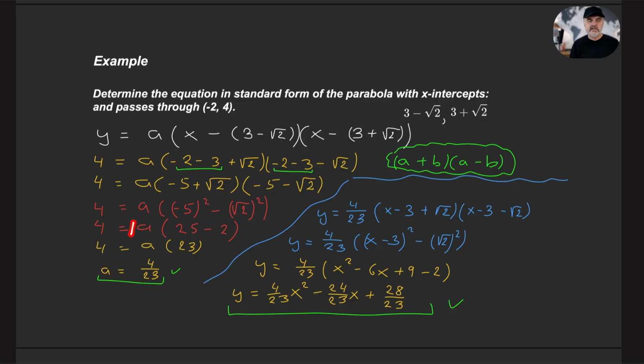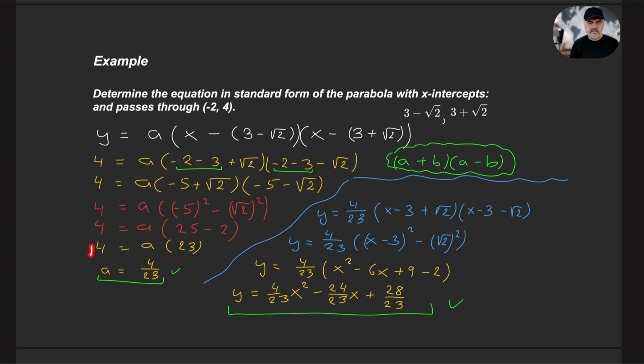The leading coefficient a is something that we're looking for, and now we raise this to the power of 2, so this is positive 25 minus 2 inside of the bracket, and boom, 23 is the answer. So the long bracket, after we did all the work, is simplified to 23.